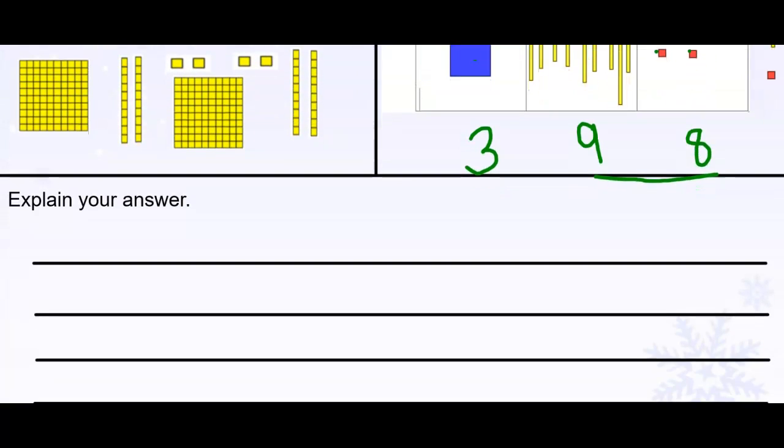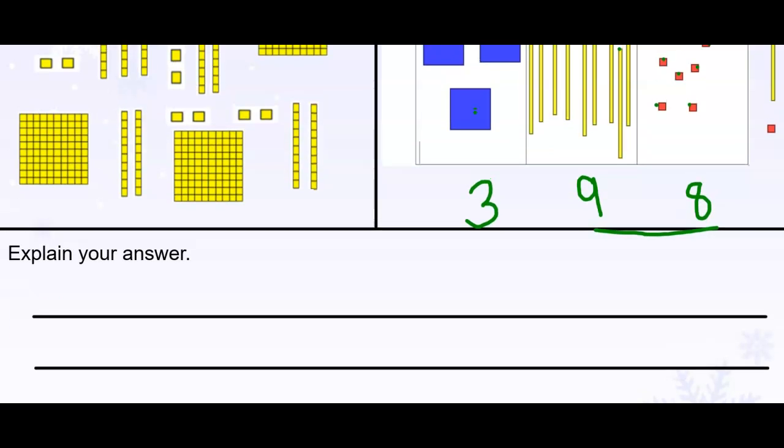Now let's explain our answer. Can you remember what we did first? Yes. First, I made the number.